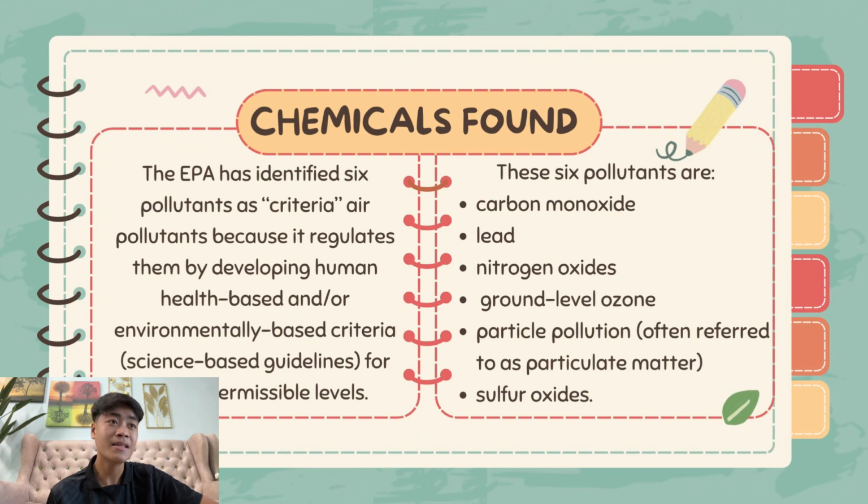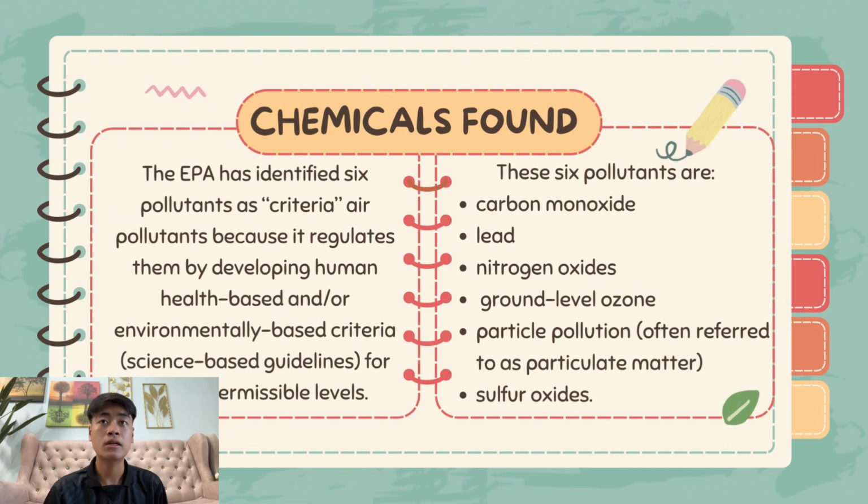Actually, EPA stands for Environmental Protection Agency. So, the 6 pollutants are carbon monoxide, lead, nitrogen oxides, ground level ozone, particle pollution, and lastly, sulfur oxides. The chemicals found truly affect the surrounding environment.